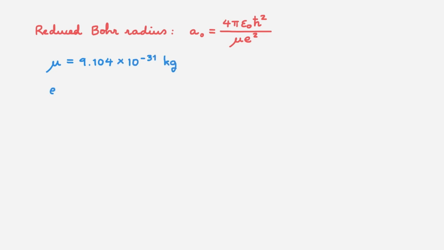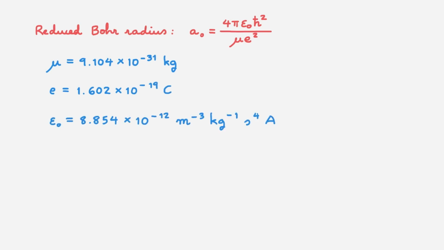We also need the elementary charge, which has this value, the permittivity of free space, which is this, and the reduced Planck constant, which is this. Inserting these numerical values into the expression at the top, we find that the reduced Bohr radius is equal to 5.3 times 10 to the minus 11 meters.